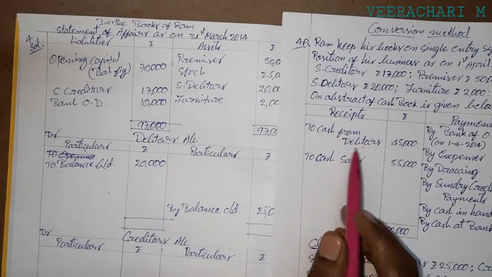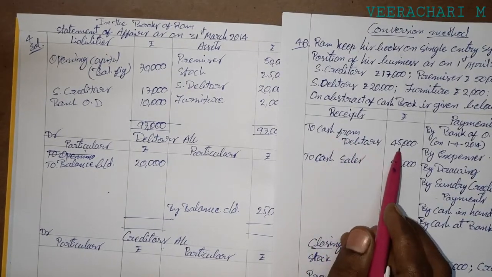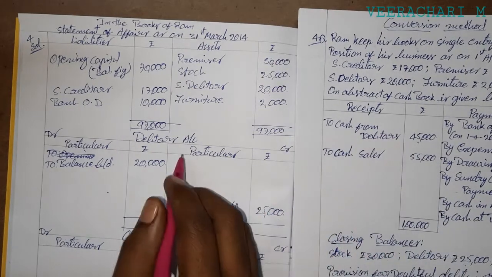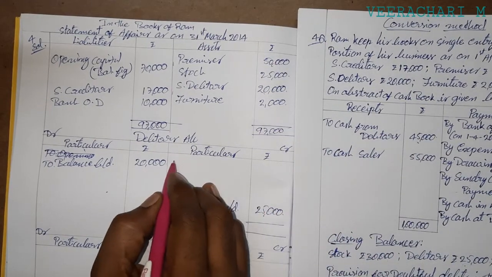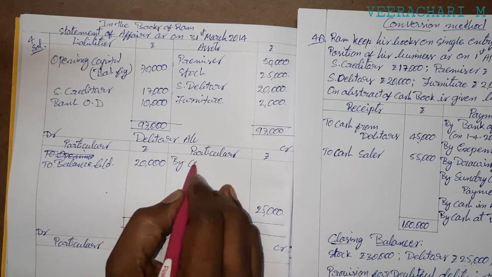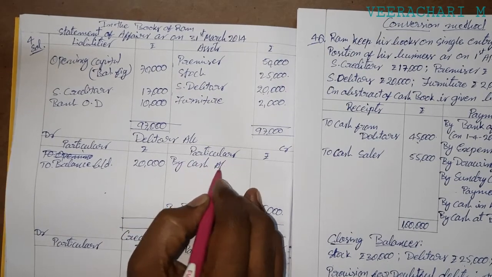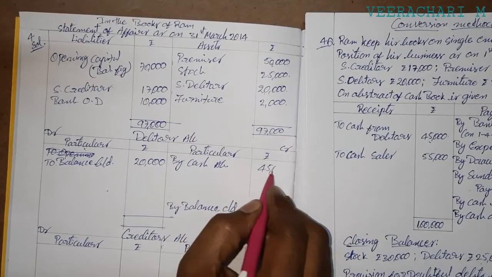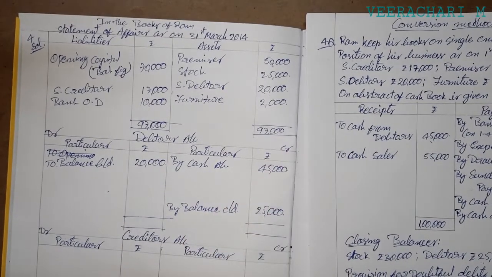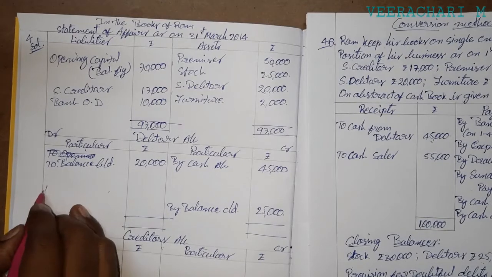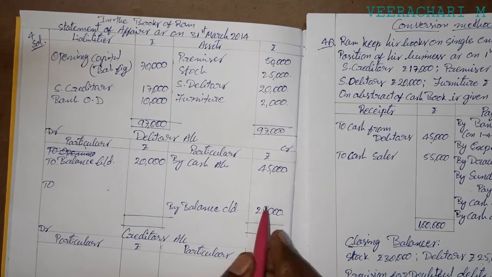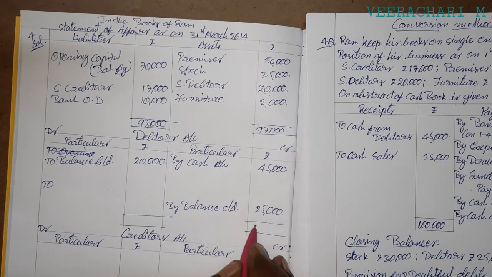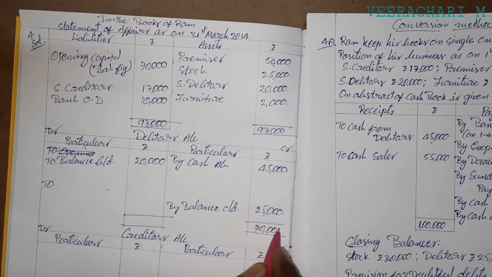After that, the receipts from debtors, that is cash from debtors, is 45,000. It is debited in the receipts account and credited in the debtors account, that is by cash account, the amount received from debtors, 45,000. Now you can compute the credit sales. 45,000 plus 25,000 is 70,000.